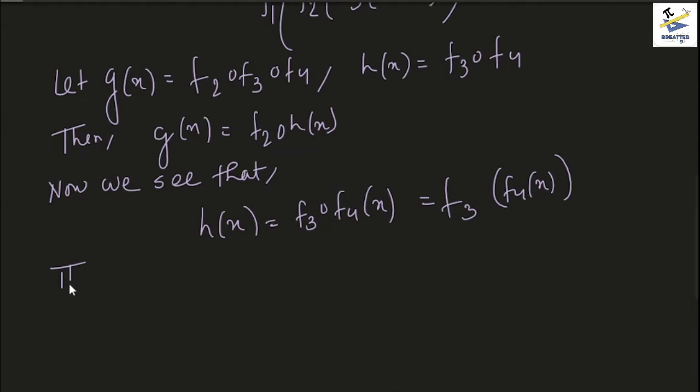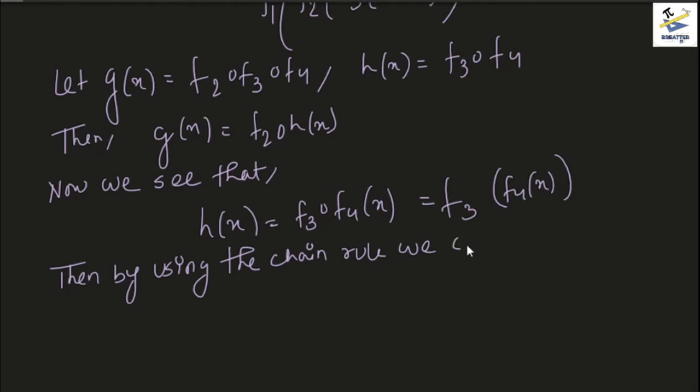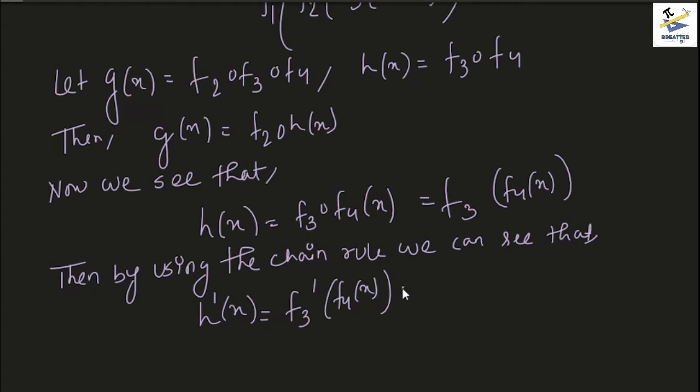Then by using the chain rule, we can see that h prime x is equal to f3 prime of f4 x multiplied by f4 prime of x, right?